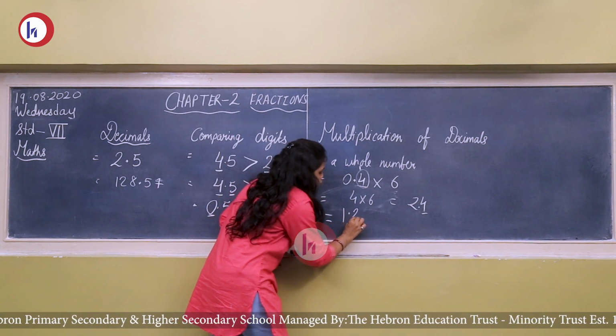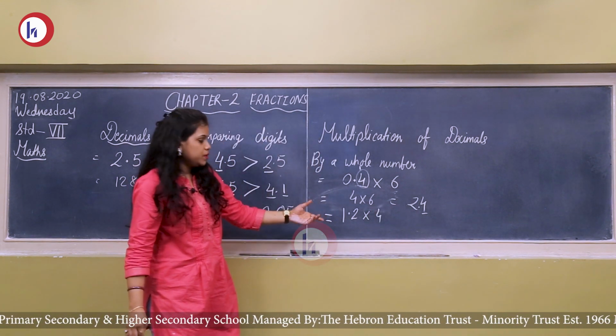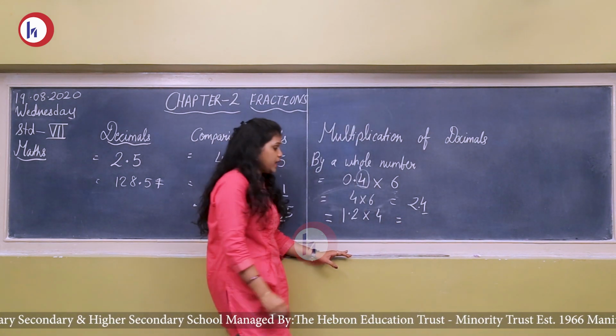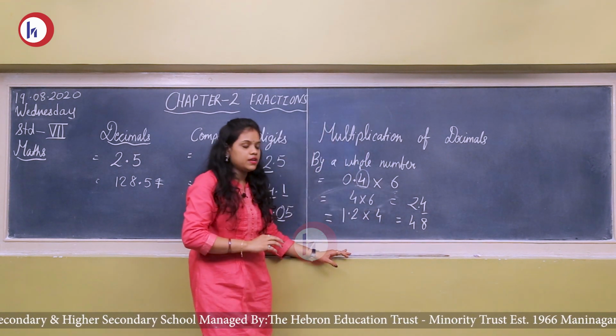Next, let's see. Suppose it is 1.2 multiplied by 4. One more example, 1.2 multiplied by 4. Now 12 fours is 48. If you don't know, you can multiply and find out.